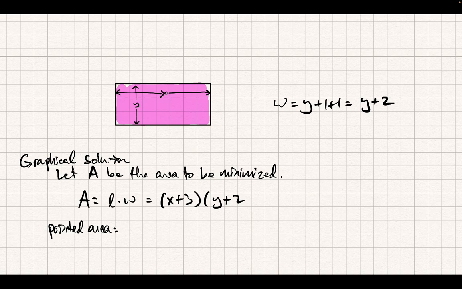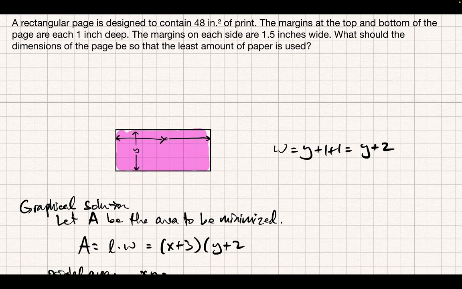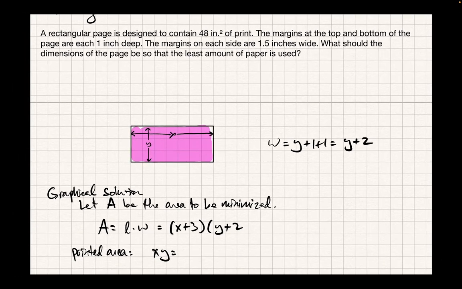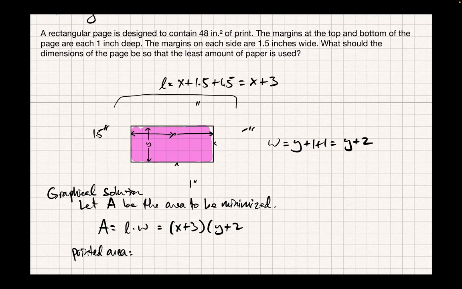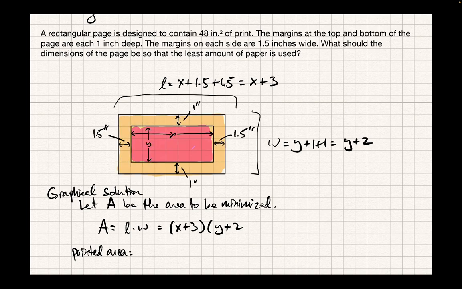There are no numbers. What do you have? So x times y? X times y. And our problem, oh, I have some undoing to do, so let me not write x times y yet. What does my problem tell me that printed area, that pink area, should be?